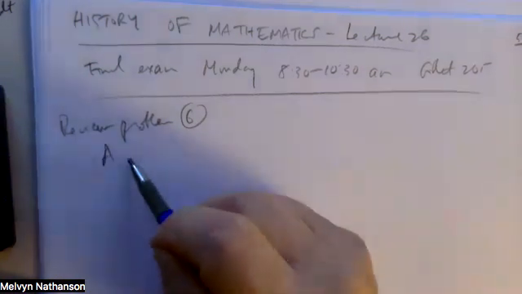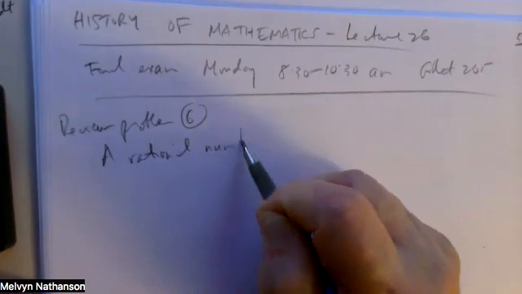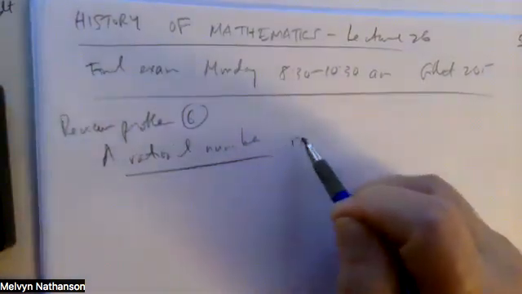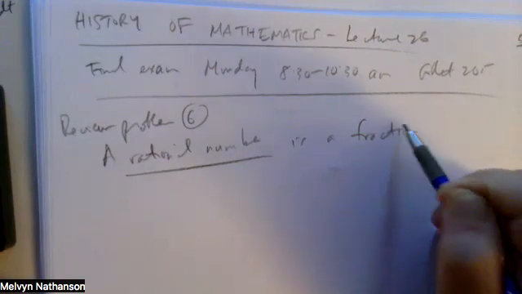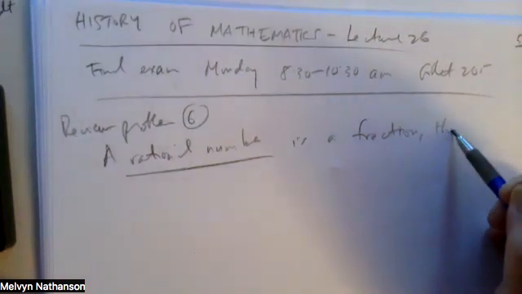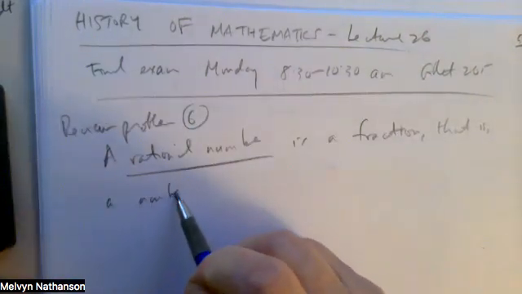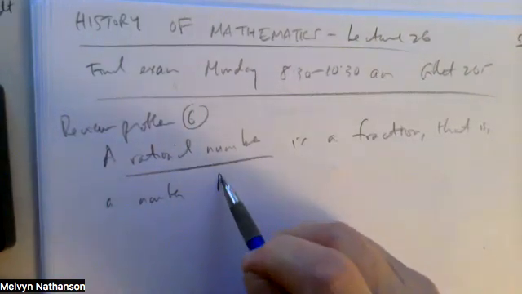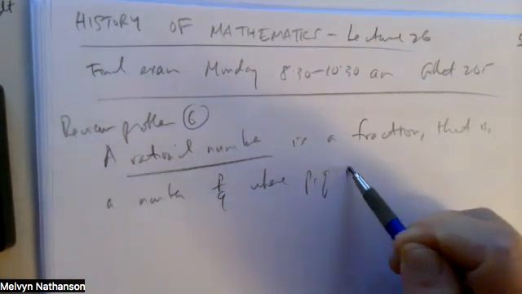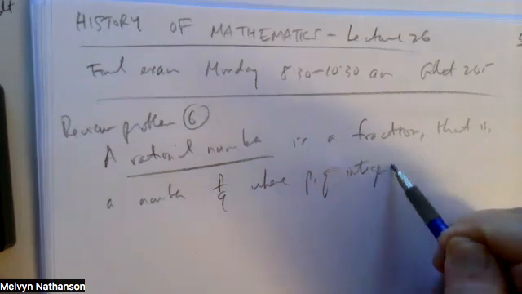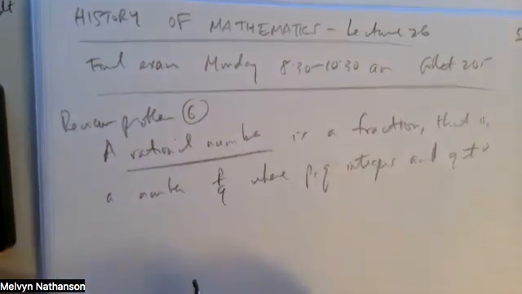So a rational number is a fraction. That is, a number of the form P over Q, where P and Q are integers, and the denominator is not 0.